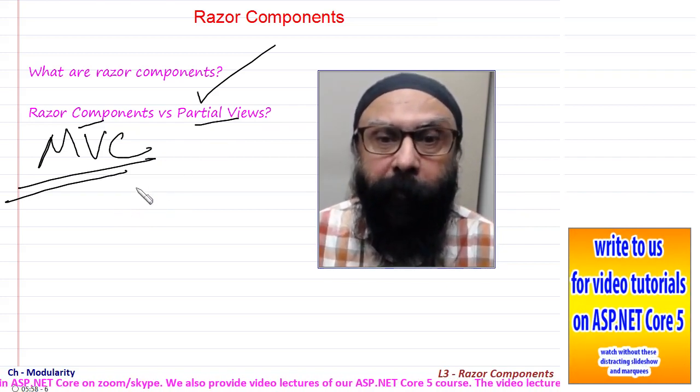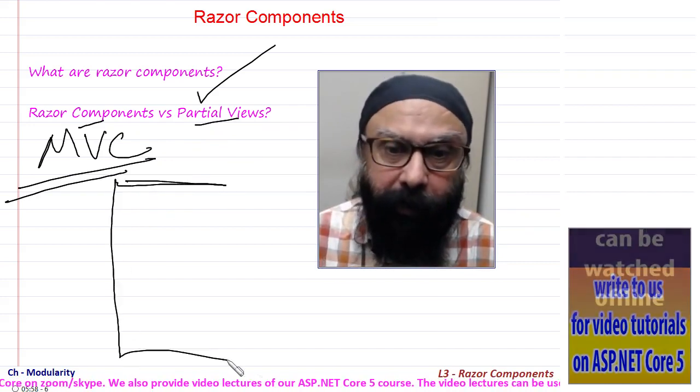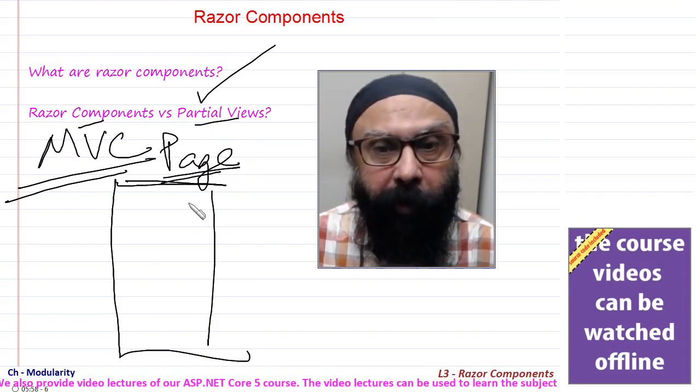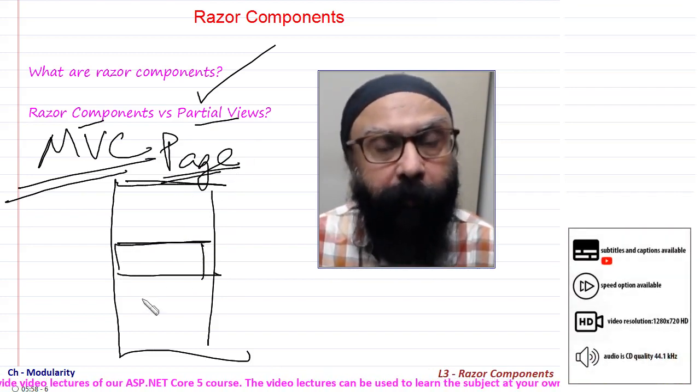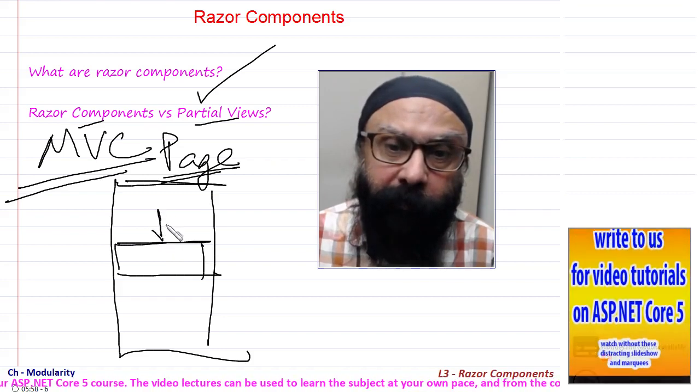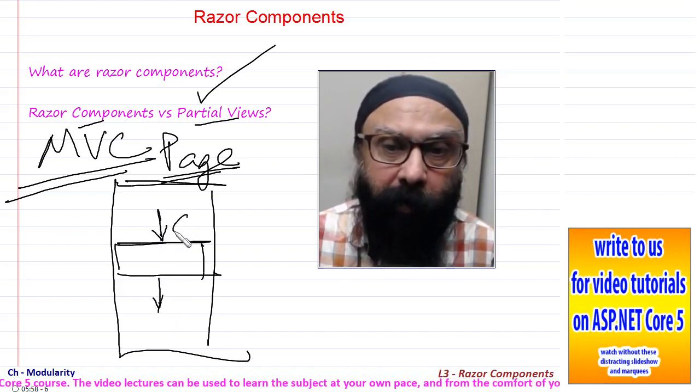First of all, a partial view. Let us say this is your main page, and you put a partial view at this place. This partial view is a part of the chain of the page.